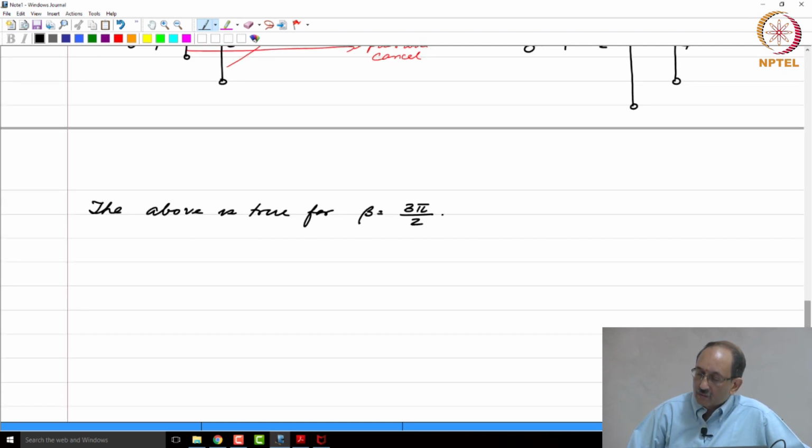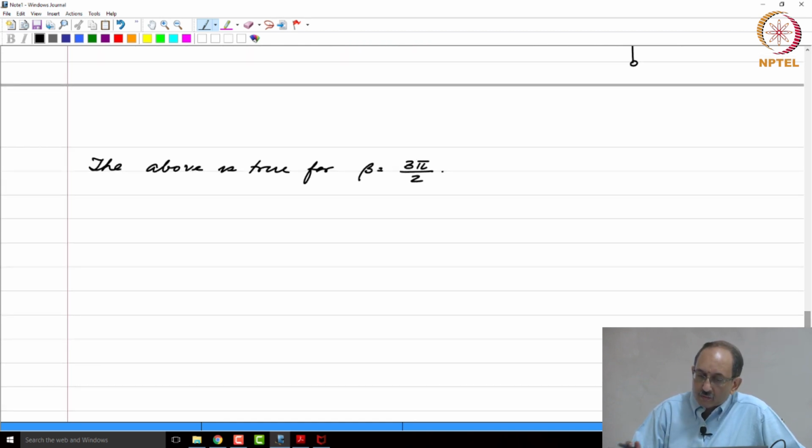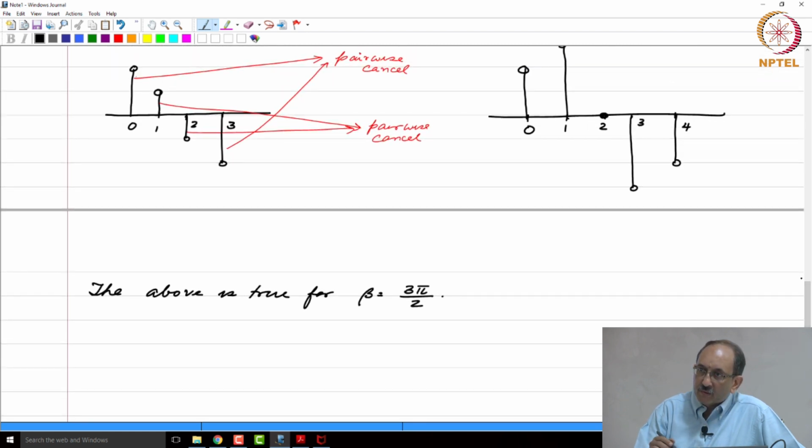Now, let us further get some more insight into this. Let us first summarize what we have seen so far. Based on these simple examples we have considered, we are able to see that we have considered the lengths of the filter to be either odd or even, and the symmetry can also be either odd or even.